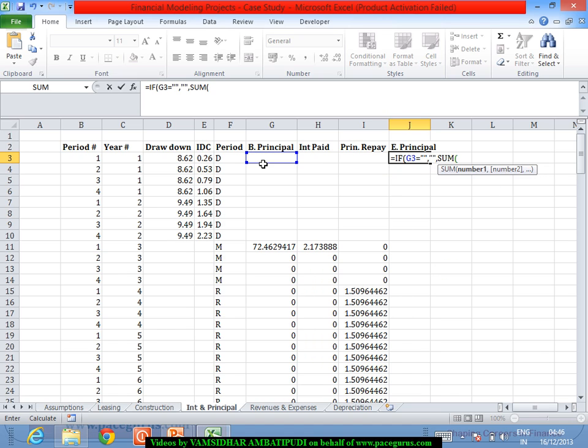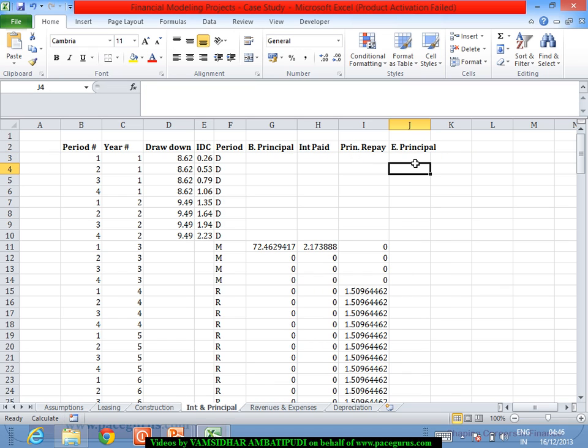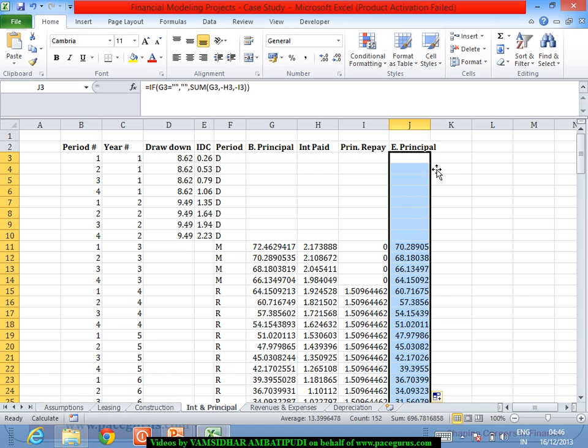Otherwise, do the summation of the principal as well as the negative interest paid as well as the negative principal repayment. The reason I am doing it like that is a simple minus or plus may give me hash value kind of errors. Using a sum formula does not give me any such errors. So let me try out. The ending principal balance is something like this.